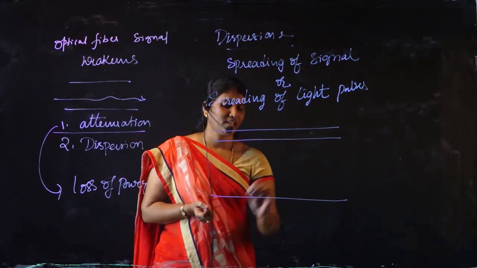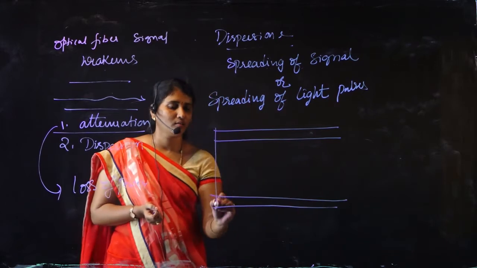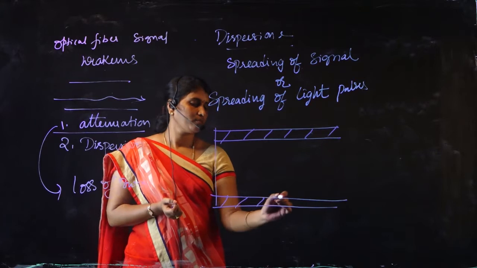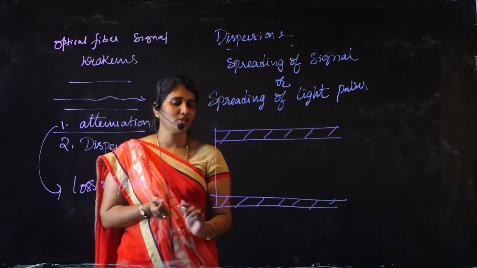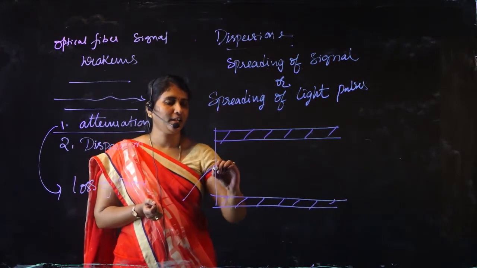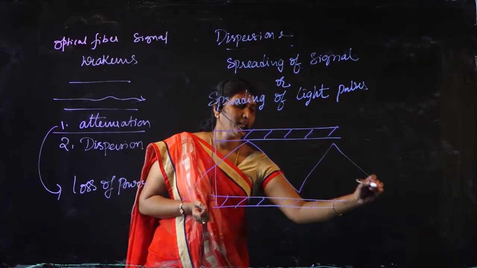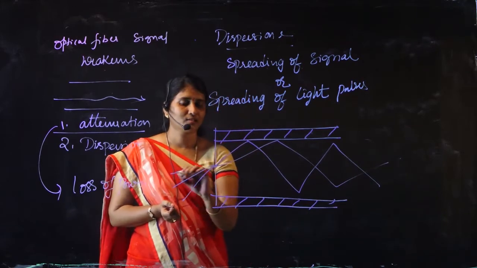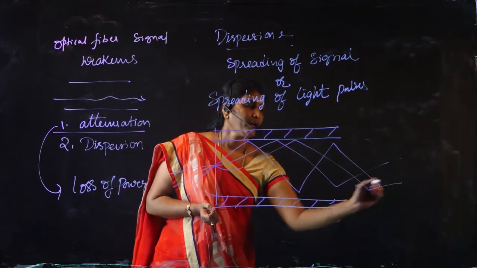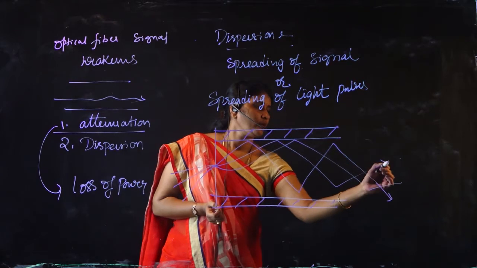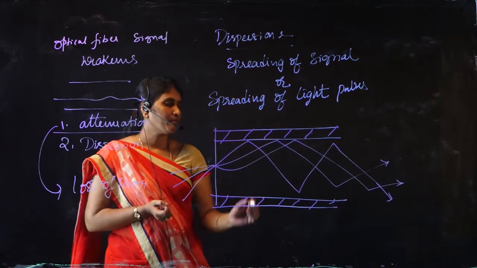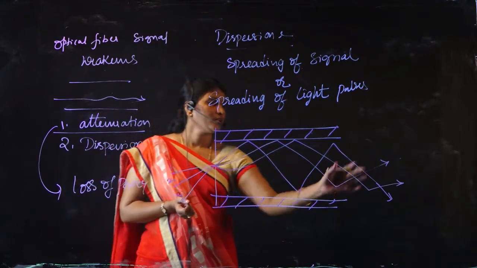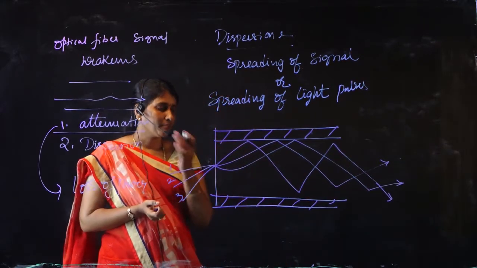So let us assume that this is the optical fiber cladding, and this is the core region. When we are sending a light ray into it, it will take different modes, will have different paths, right? So while they are coming out of this optical fiber, all the modes do not reach the destination at the same time.